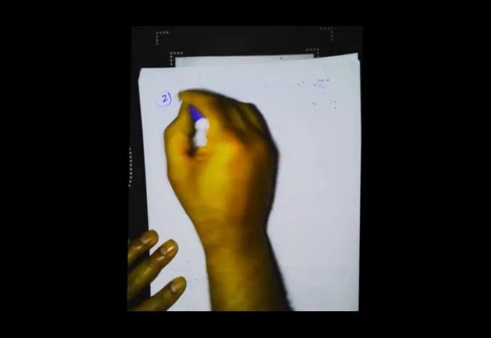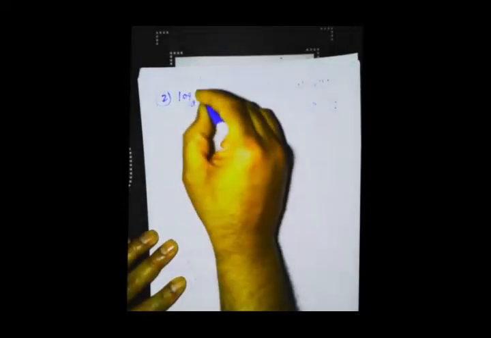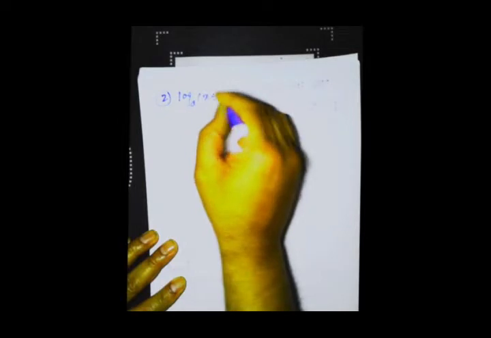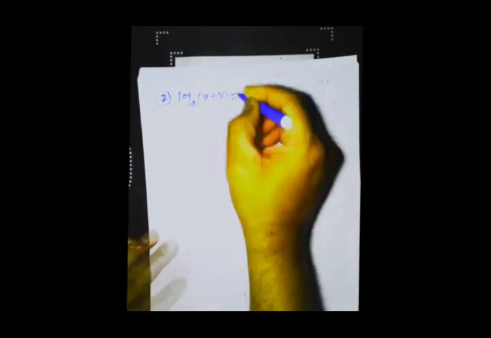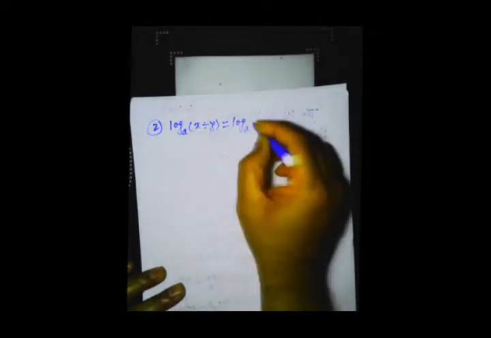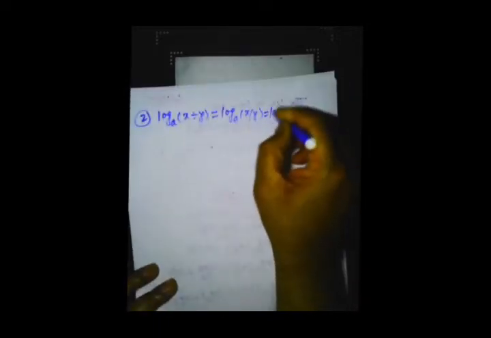The second law is that log to any base a of x divided by y is equal to log x to base a minus log y to base a. Okay, so this is another property of logarithm. In this case, we have divided one number by another number, and when we expand, our formula is like this.